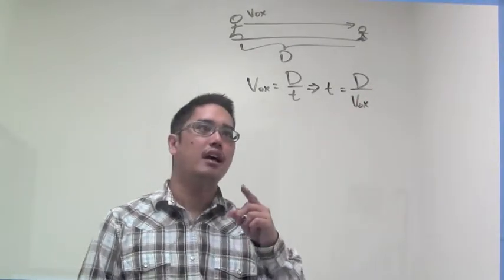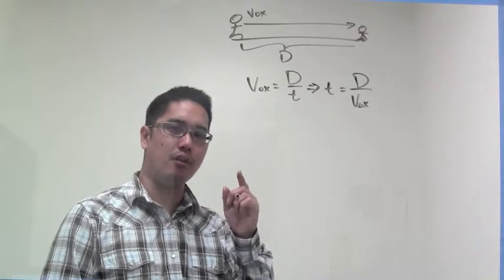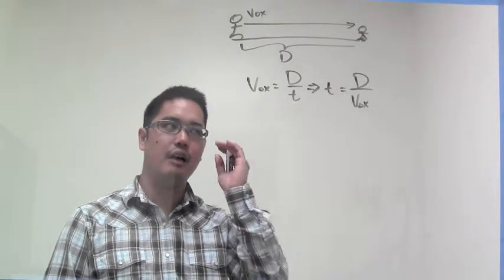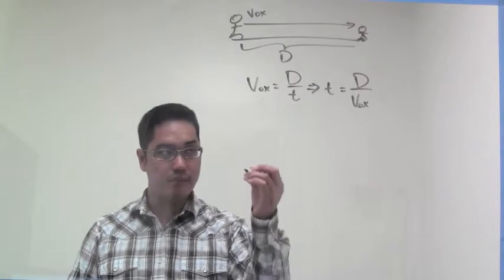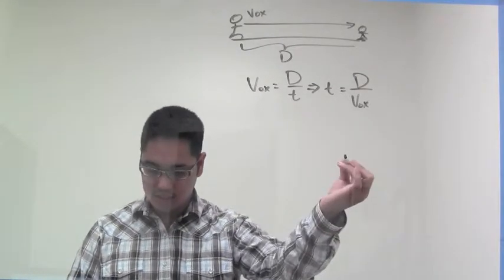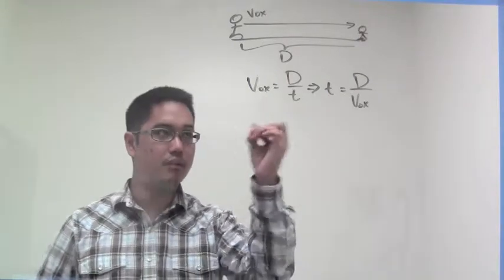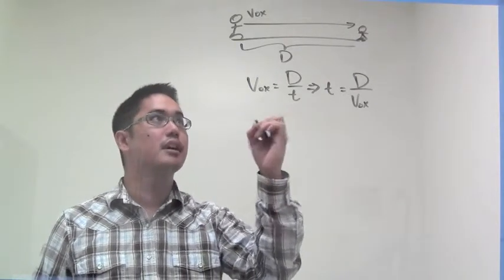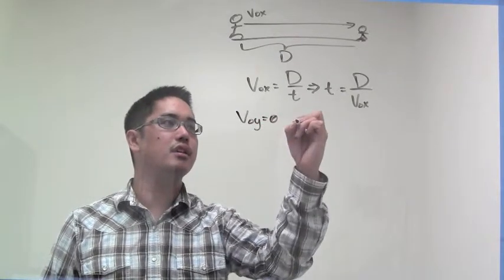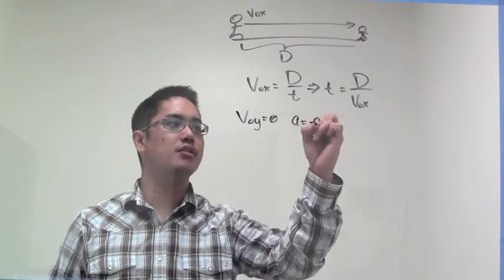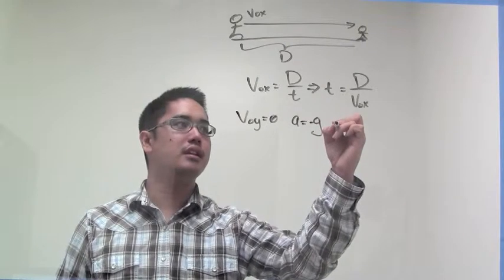Now here's another question: how far did it fall in the amount of time that it took? Well, this is part B. We would simply use this equation. I know that the initial velocity in the y direction is 0. I know that the acceleration is negative g.